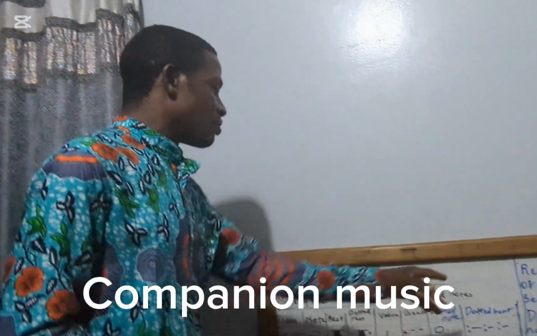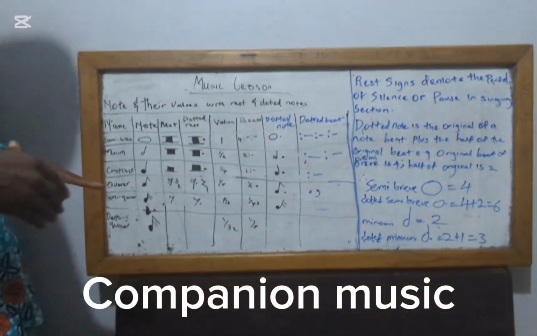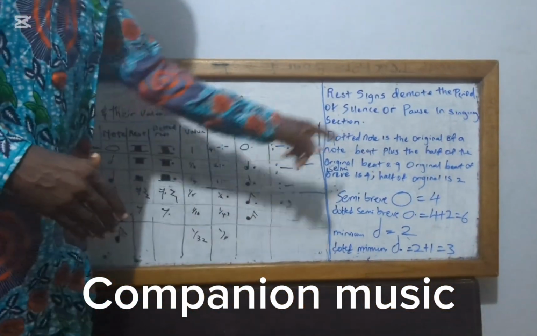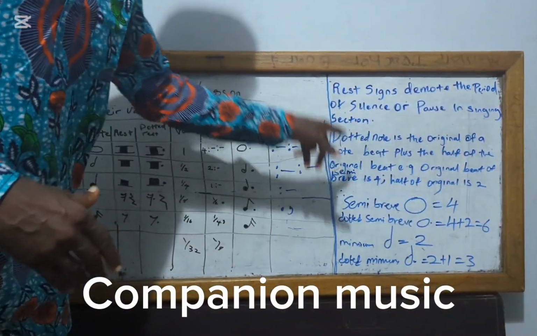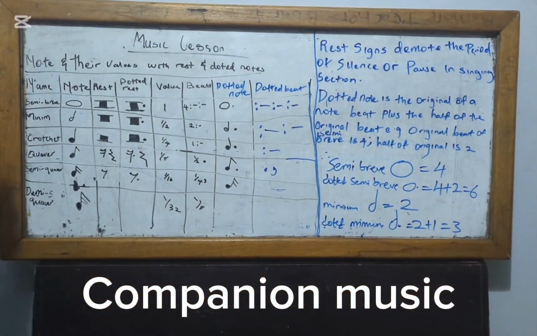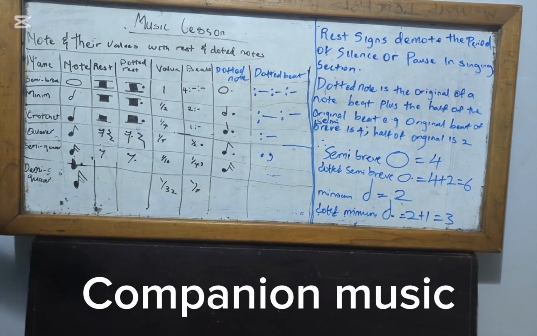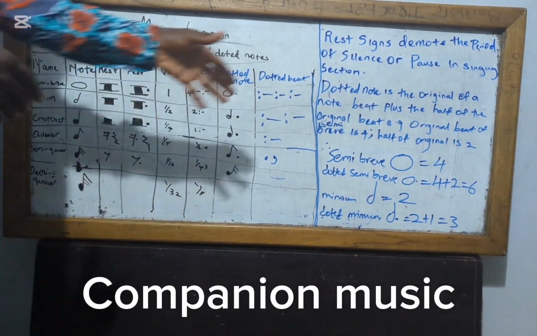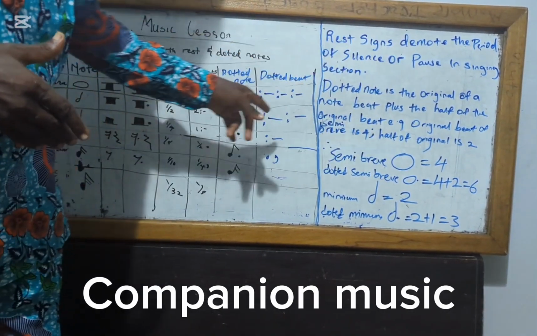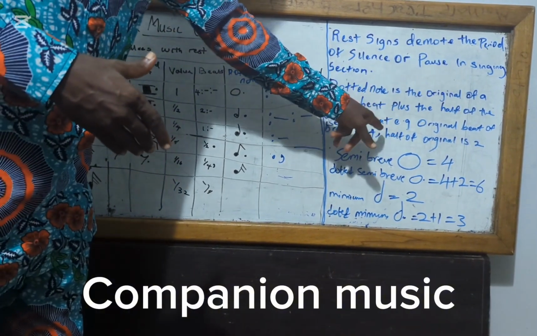So now we have the dotted note. A dotted note is the original beat of a note plus half of the original beat.